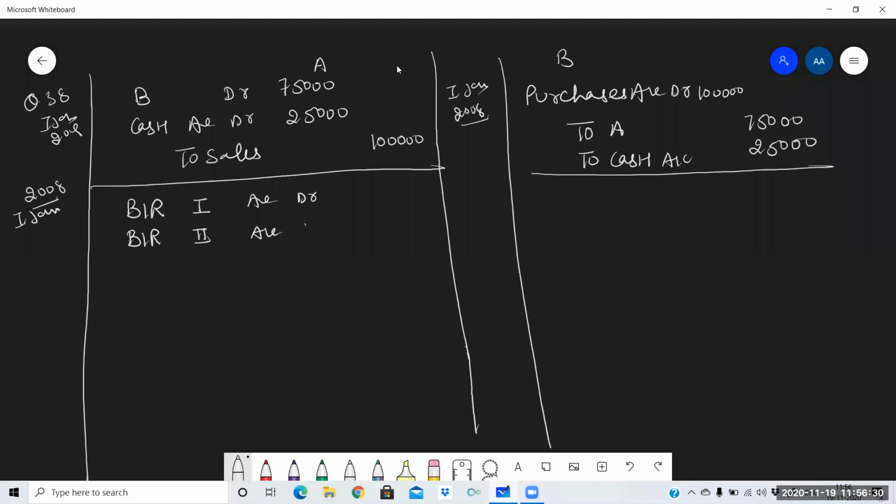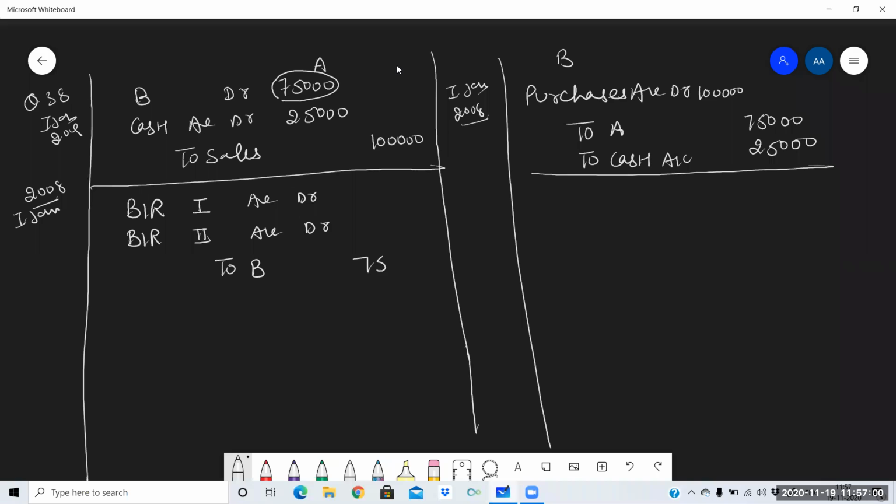This type of question will be coming in 8 marks, in the 8 marker. Yes, BR1 account debit, BR2 account debit to B. So B is debited with 75,000.